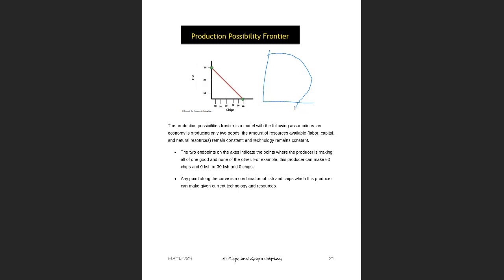Now if we are here, the meaning is that if you give away 10 pieces of fish, you can purchase some chips, but then you must give away 20 here to have 30 here. So the opportunity cost of having 30 chips is 20 fish. Do you get a picture here of the production possibility frontier?